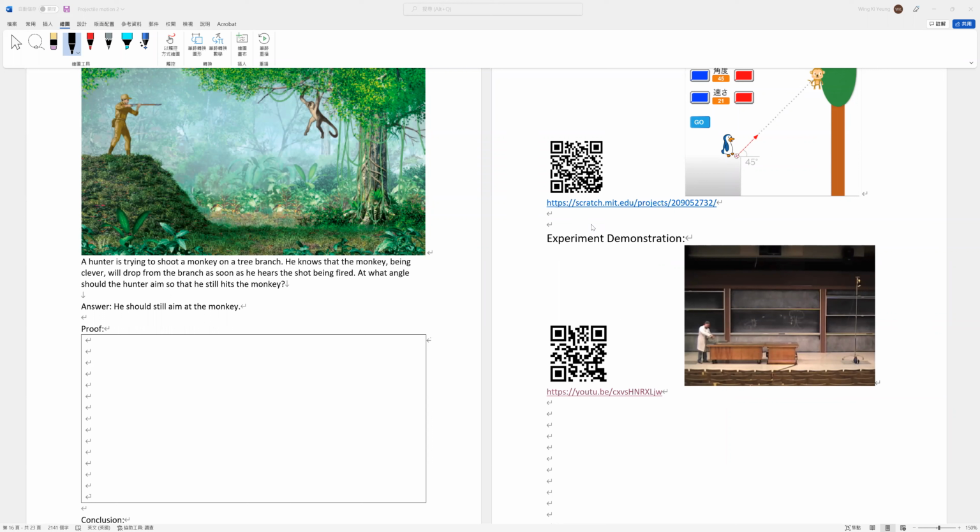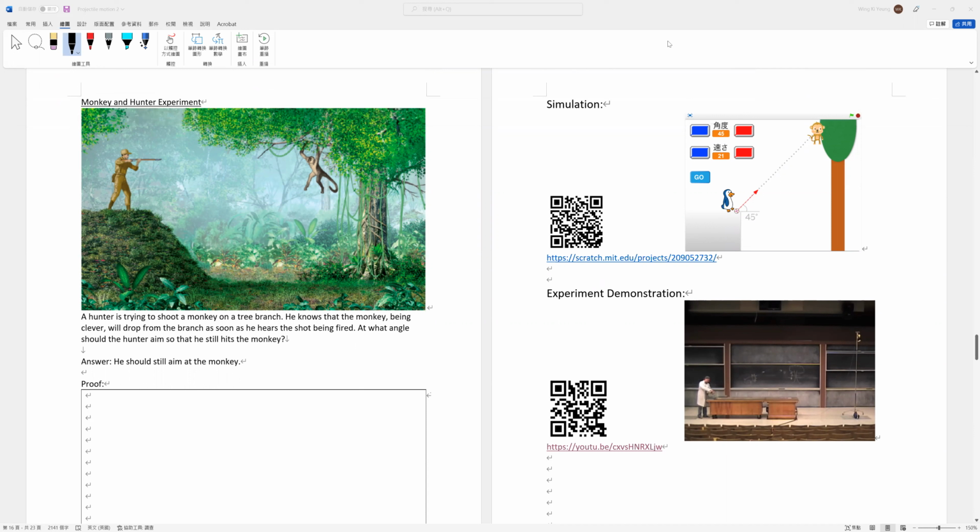Now for this story, the monkey and hunter experiment, the idea is something like this.